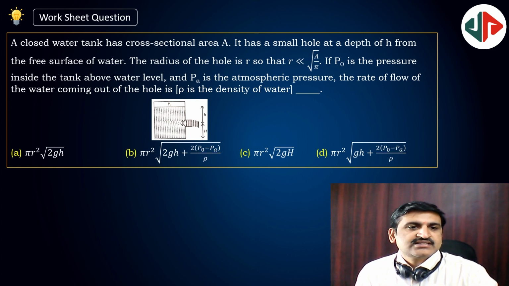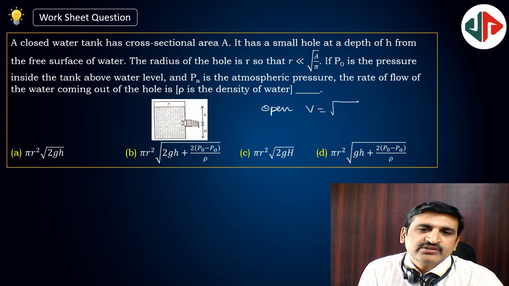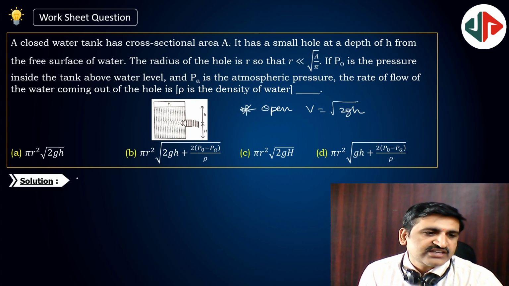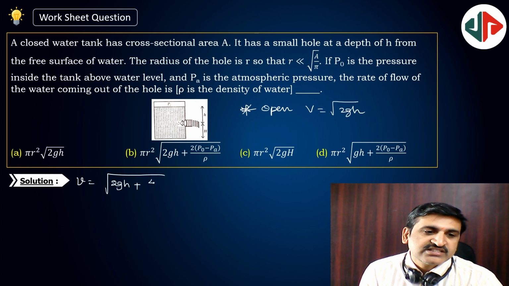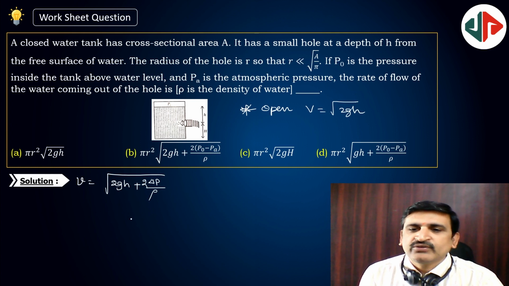Here in this, the tank is not open. If it is an open tank, we will have efflux velocity V equal to root 2gh. If it is a closed tank, then efflux velocity V is equal to root over 2gh plus pressure difference by rho into 2, so 2P by rho we have to consider.